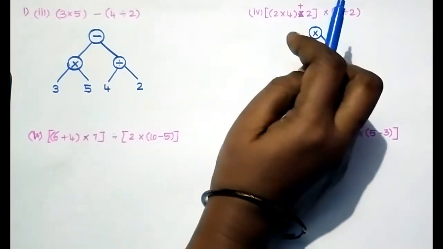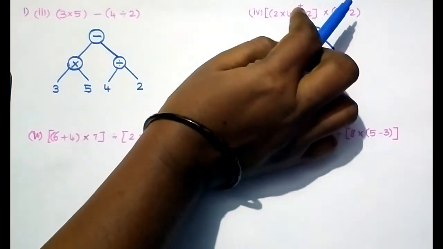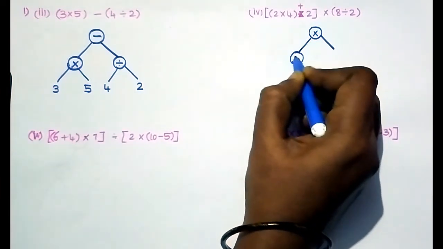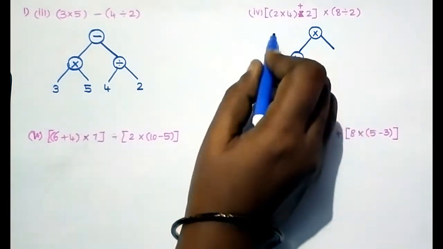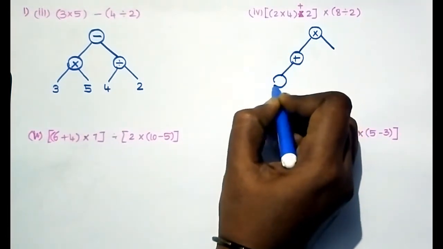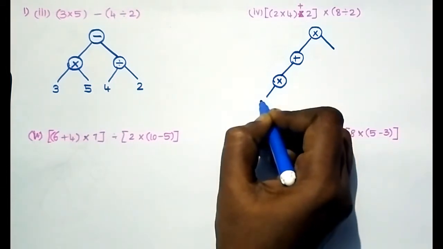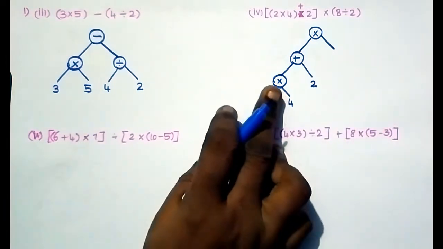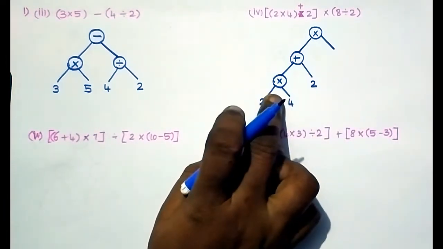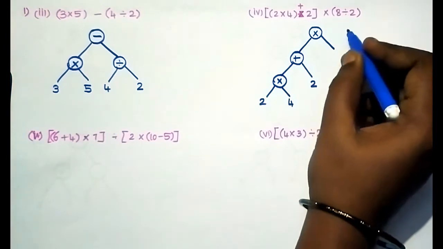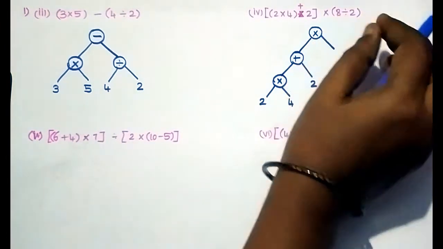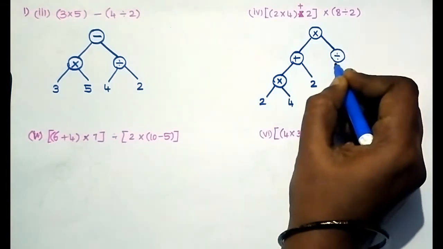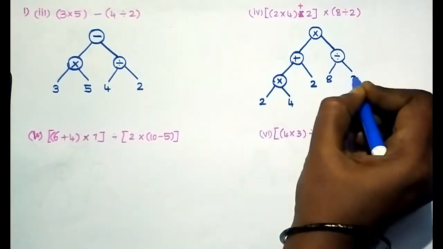So in this one bracket and 2, the main operation is plus. Which one? 2 into 4 and 2. We want to add these 2 numbers. Now here another bracket, 8 divided by 2. So here operation is division. Which numbers? 8 and 2.